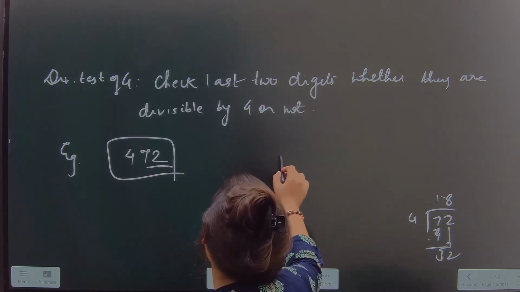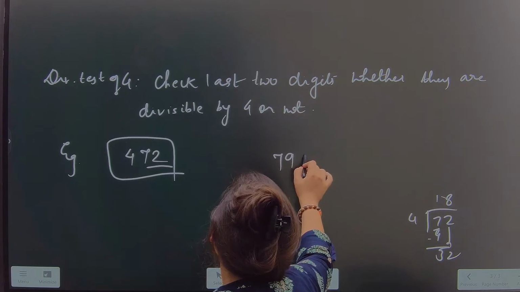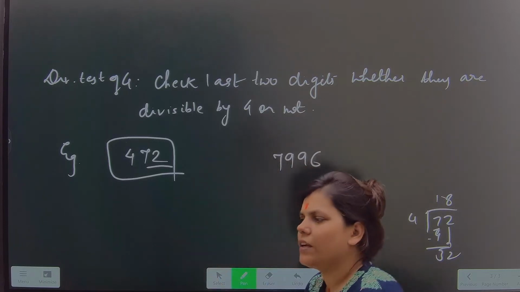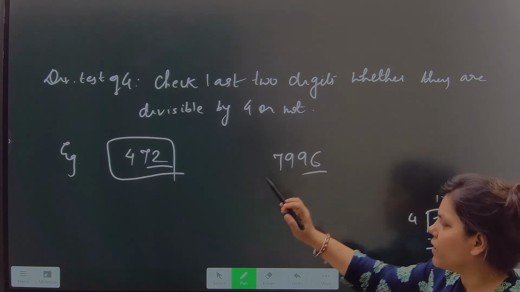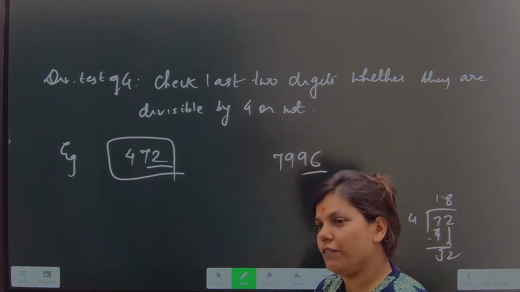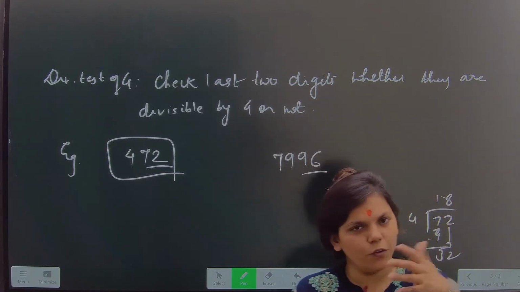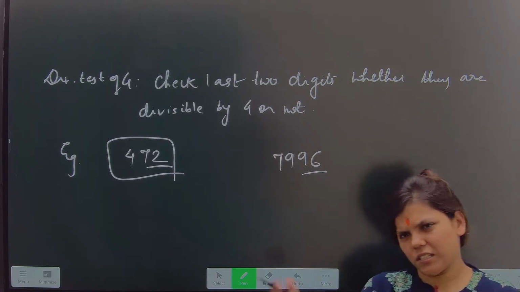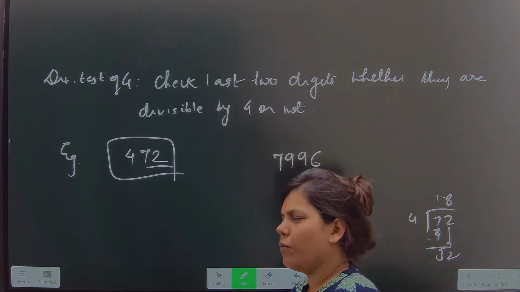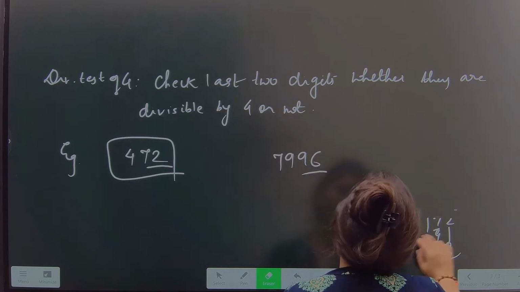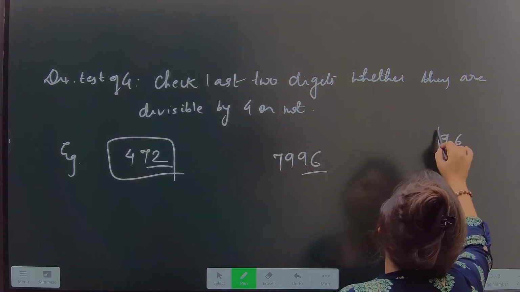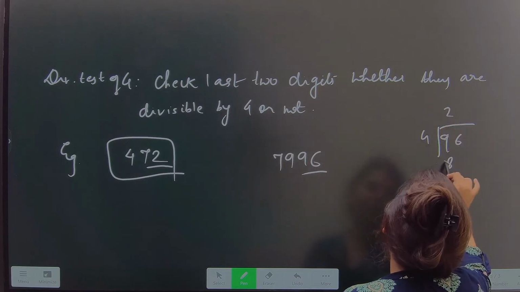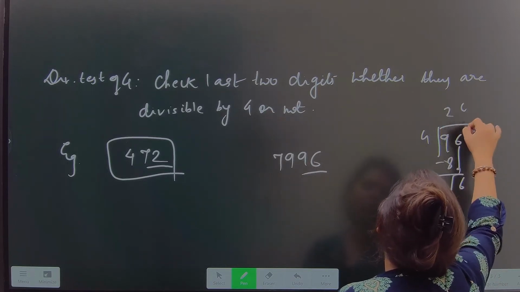Let us take one more example. 7996. Now, what is the last two digits of this number? 96. Now you need to divide 96, and if you remember the table of at least till 16 or 17, that is very good. So 96 divided by 4. So 4 2s are 8, remainder 1. 4 4s are 16.